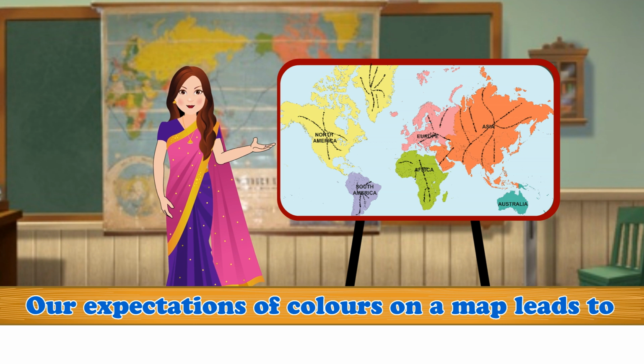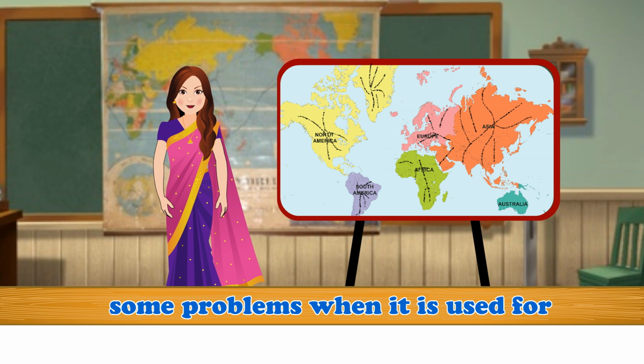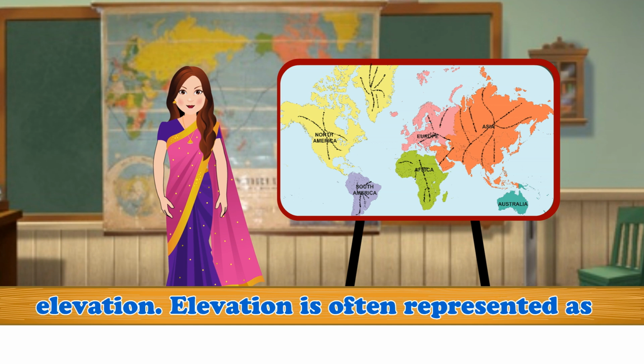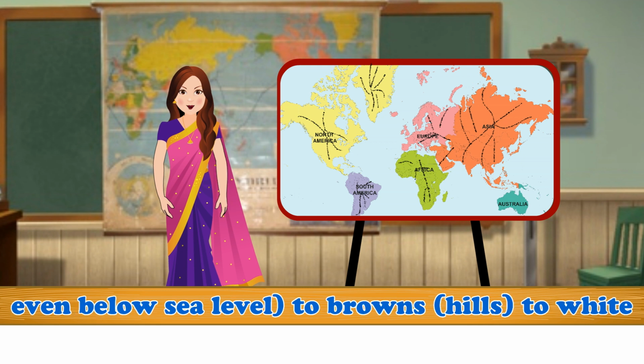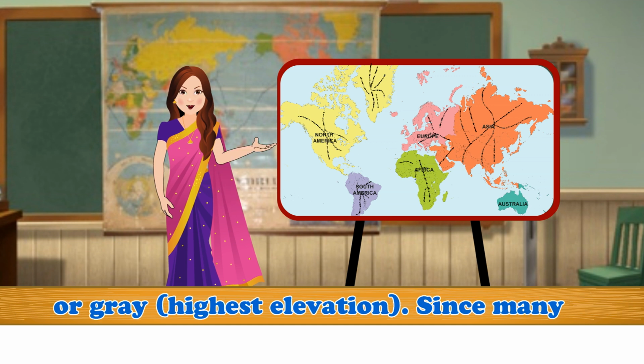Our expectations of colors on a map lead to some problems when it is used for elevation. Elevation is often represented as a sequence of dark greens, low elevation or even below sea level, to browns, hills, to white or gray, highest elevation.